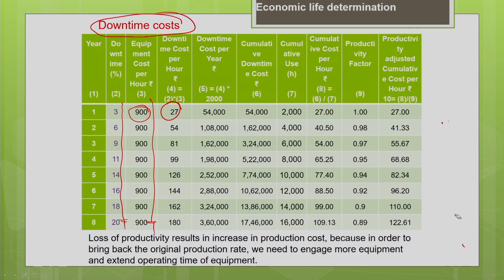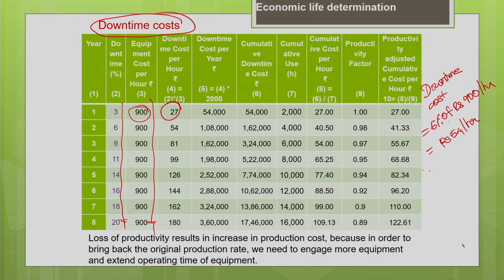The second year, the downtime percentage is 6%. So downtime cost is 6% of your equipment cost. Equipment cost is 900 rupees per hour. So 6 by 100 into 900 is rupees 54 per hour.